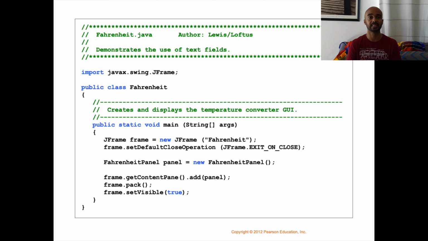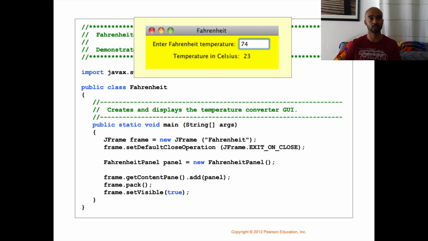And we're creating a FahrenheitPanel, right? So on first observation, you can guess that we're creating a panel, a FahrenheitPanel, which extends a JPanel. Now the next thing that we're doing is getting the content pane, adding that panel, packing it and setting it visible to the user. So let's look at what happens.